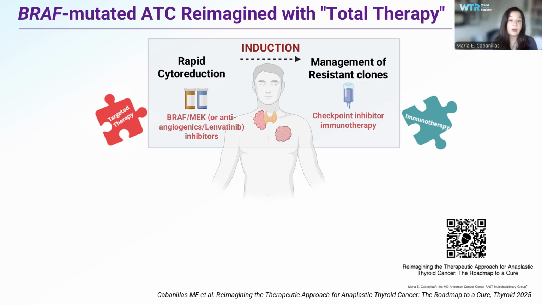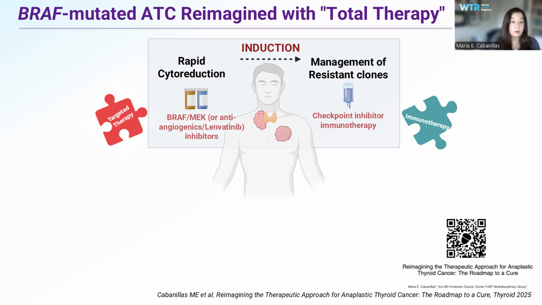So the management of these patients starts with induction, and within induction, we have rapid cytoreduction and management of resistant clones. Now, we need rapid cytoreduction because these tumors cause a lot of symptoms. We really want to get that tumor volume down. And then we need to follow it with some management of the resistant clones that are going to emerge.